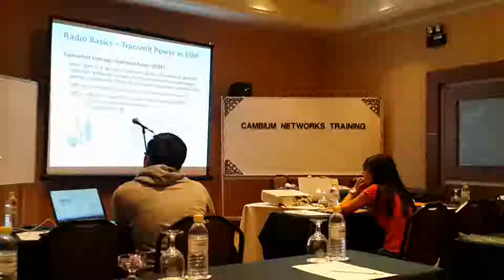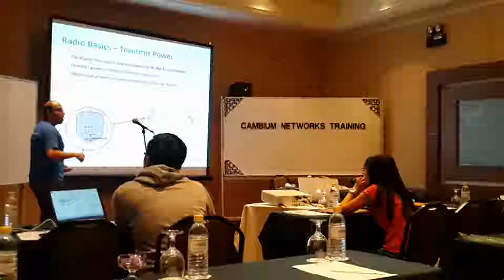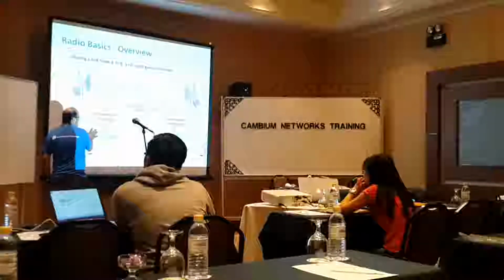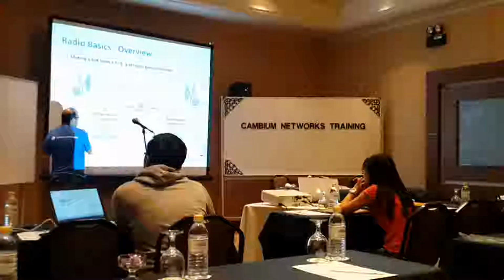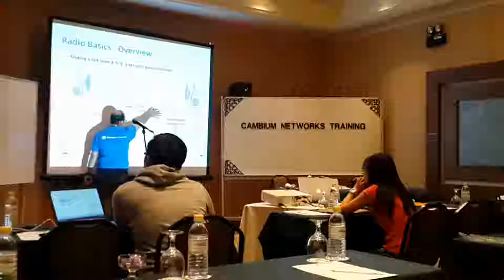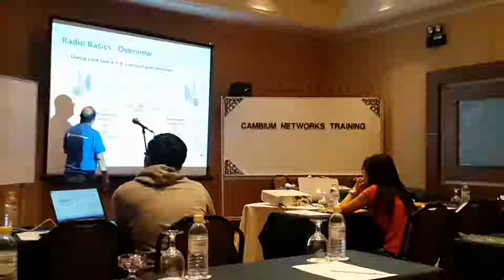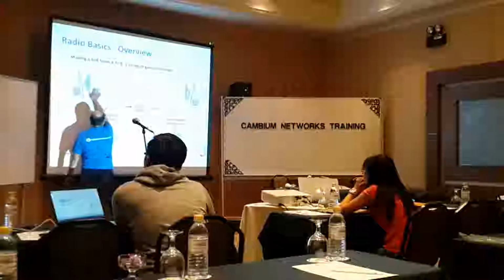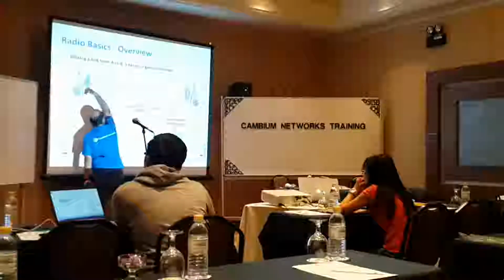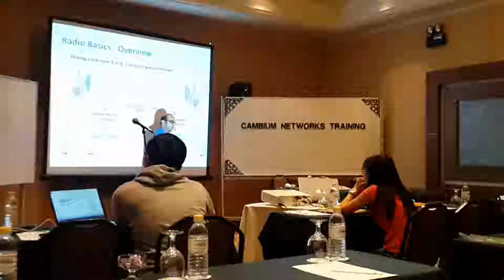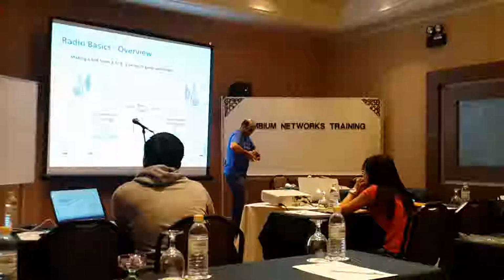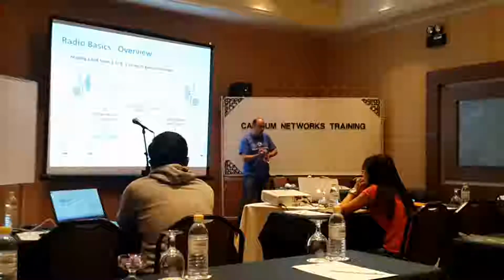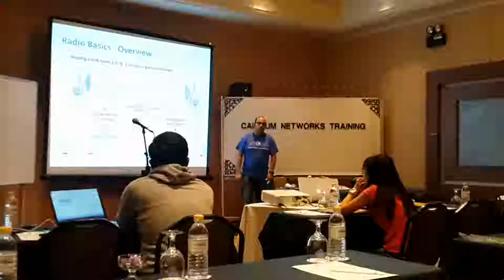But we recommend you increase the antenna gain first, because when you increase the transmit power, it increases the link budget only on the transmitting side. But when you increase the antenna gain, it increases the link budget on the transmitting side and also on the receiving side, because the pipe is thicker, so you can receive more.